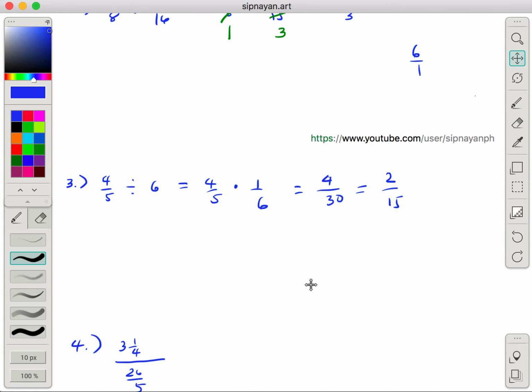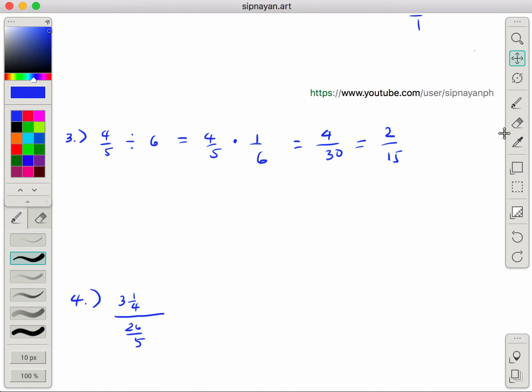Okay, last number, we have 3 and 1/4 divided by 26 over 5. So dito, pag meron tayong mixed numbers, ang gagawin natin ay we convert first to improper fraction.